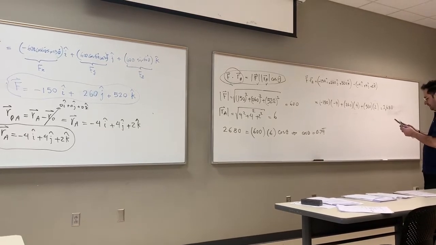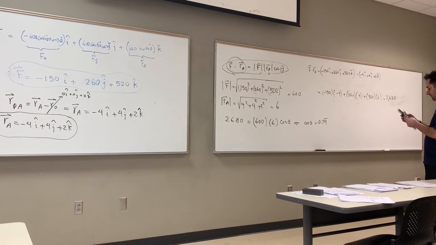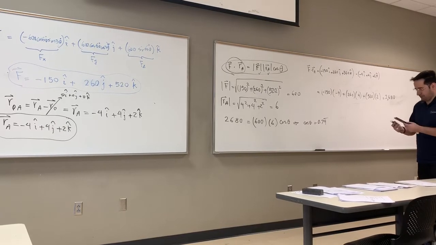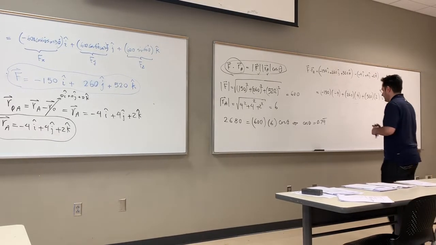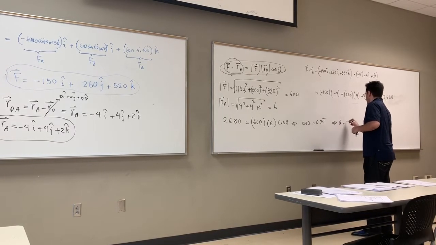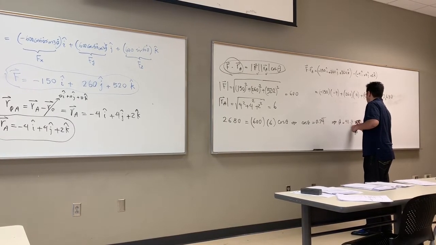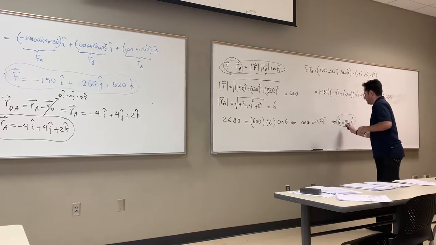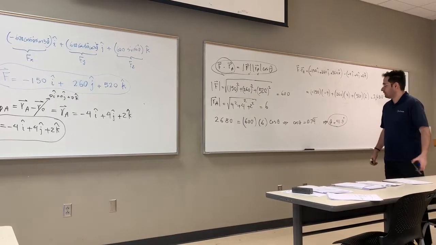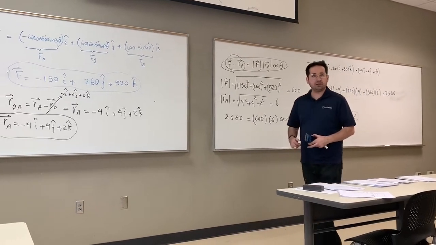Arc cosine of 0.74, so that's 41.9. Theta is 41.9 degrees. So that's the answer to part B.